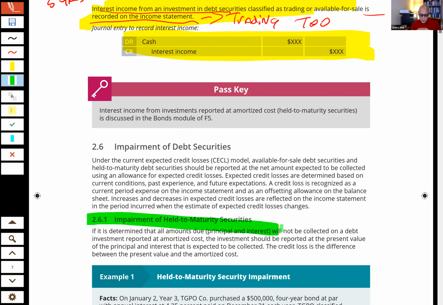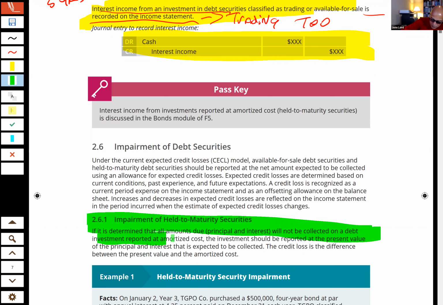You don't write it up, but you do write it down. So we will have to write that loss down, and it should be reported as the difference between the amortized cost and the present value of the principal and interest expected to be collected.